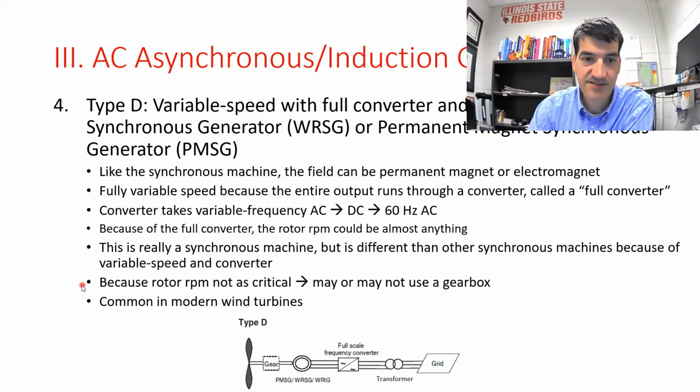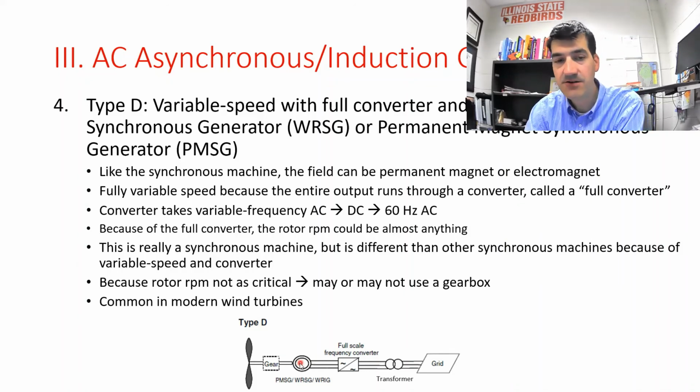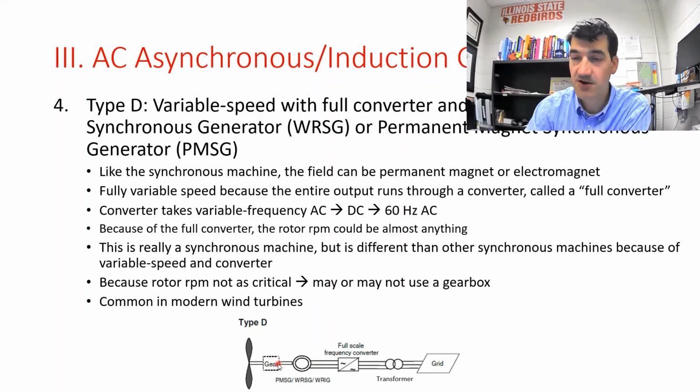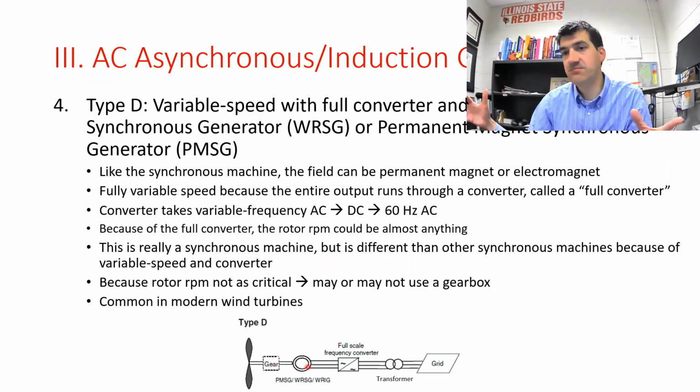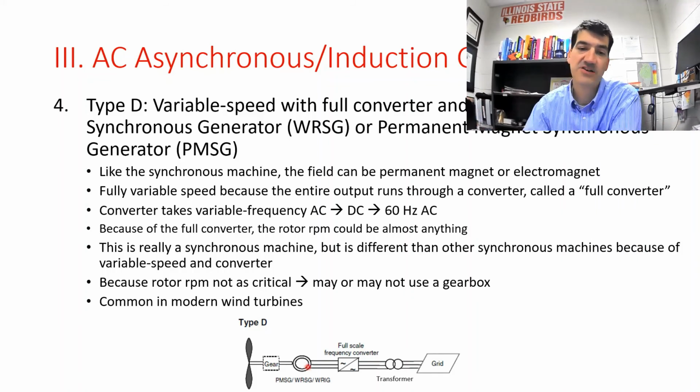And because the rotor RPM, that is this right here, doesn't really matter very much, this design sometimes might use a gearbox and sometimes it might not. If it does use a gearbox, then typically you'll have fewer poles on the magnetic field and thus a smaller, more compact generator.